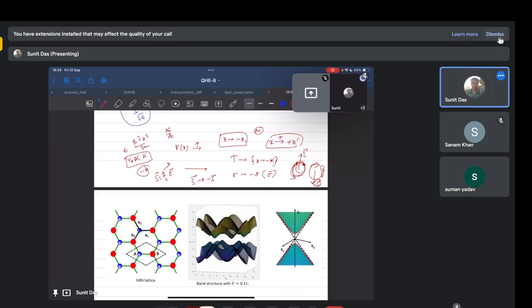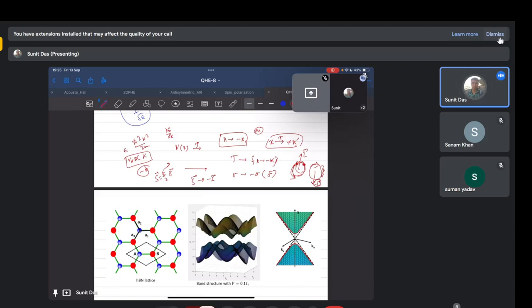The first thing we observe or think about is whether it is a ferromagnet or antiferromagnet, whether any magnetic order is there, because magnetic order intrinsically breaks time reversal symmetry. Similar to B going to minus B, M, the magnetic order or magnetization, also switches its sign.